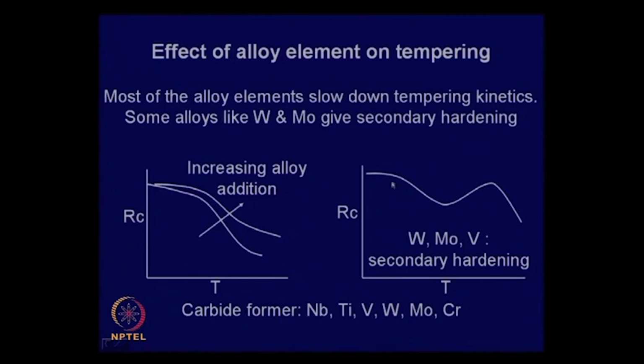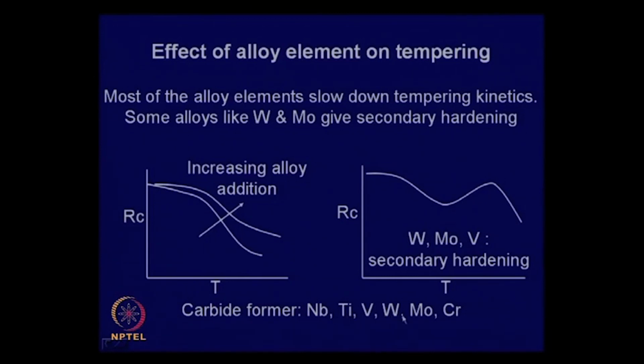Whereas, if you have moly and these kinds of alloy elements which give secondary hardening, they form certain carbides which are coherent with the matrix, and some kind of precipitation hardening takes place in this stage, that is why hardness goes up again. So, this is called secondary hardening. These alloy elements have different abilities to be distributed either in the matrix or in the carbide.